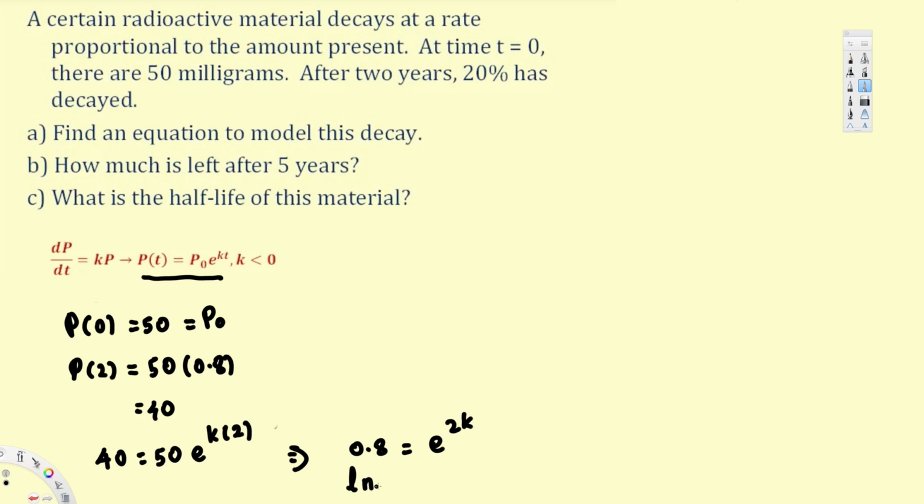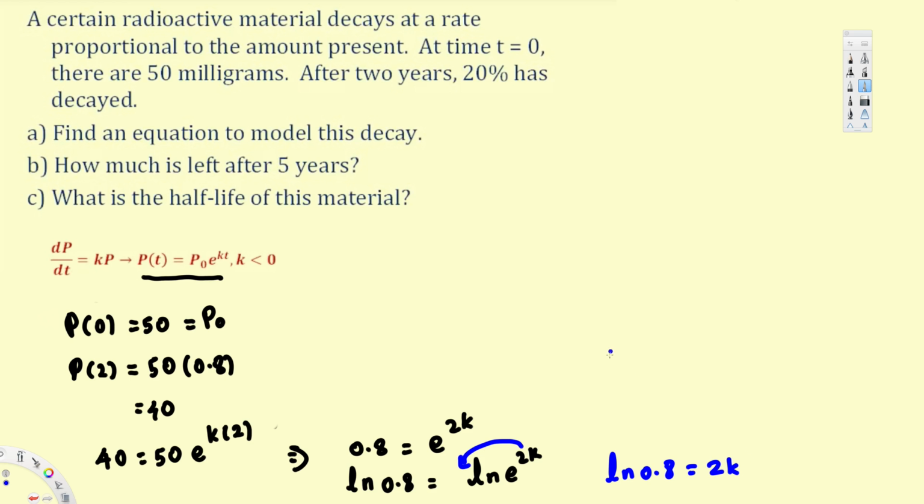So we are going to have ln of 0.8 on one side, and on the other side ln of e to the power 2k, and we can move the exponent to the front. ln of e is equal to 1. So ln of 0.8 is going to be equal to 2k.